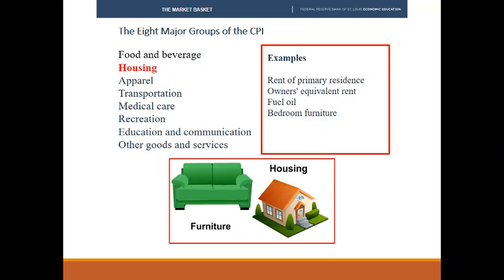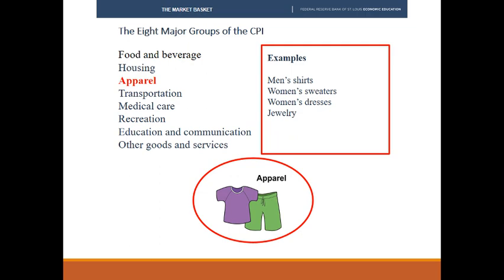So housing is basically rent of a typical house, of a typical residence for a typical consumer. There's obviously a couple other things, but of course, the house itself is going to be the primary driver of this expense. Apparel, so clothes. This is actually interesting. Apparel as a fraction of our basket of consumer expenditures has been declining over time.